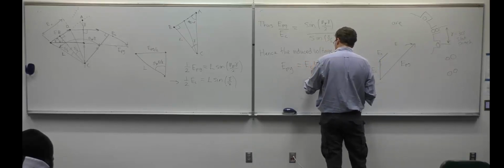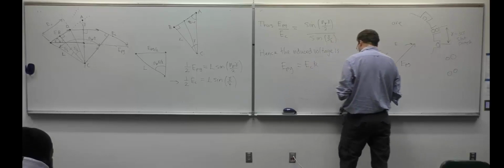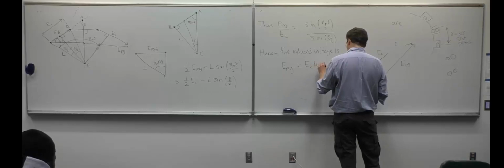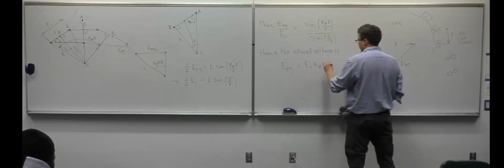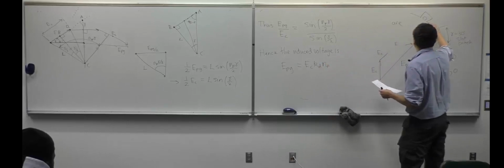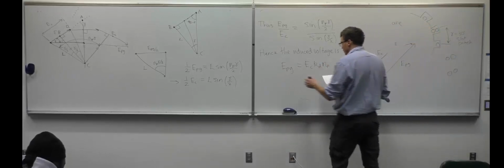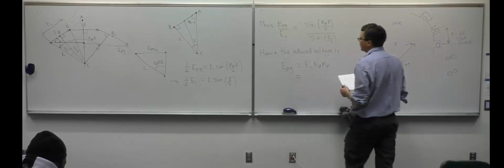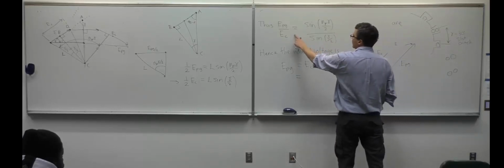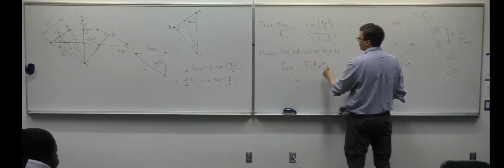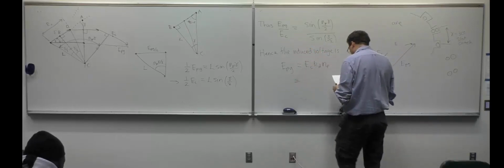So we had EC times a distribution factor times N, the number of coils that are shifted. So if we look at this equation here, we can write it in this form.